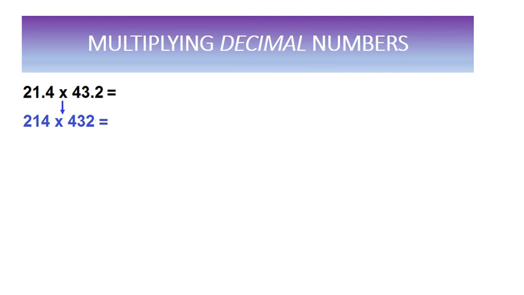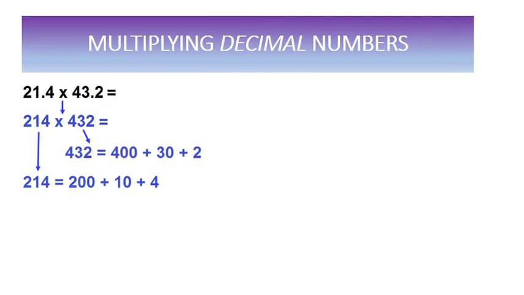Now, if you remember, when we use the grid method, we have to partition the numbers first. So 214 is made up of 200 plus 10 plus 4, and 432 is made up of 400 plus 30 plus 2. We then draw our grid with our multiplication symbol, and again it doesn't matter which number goes along the top and which one down the side.